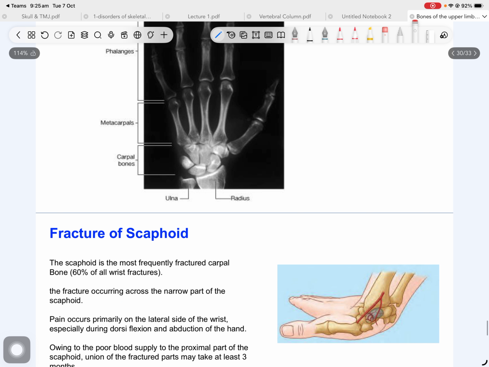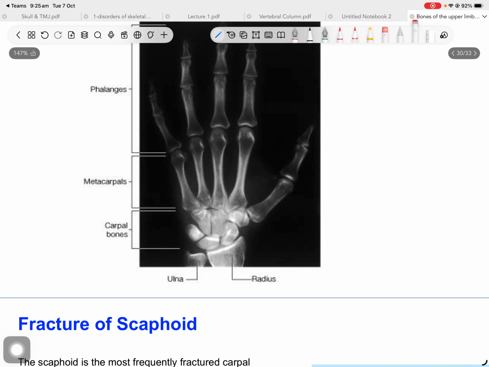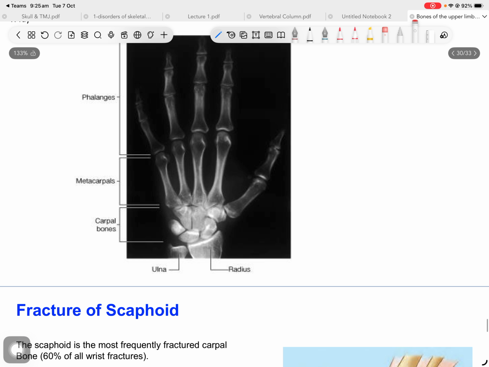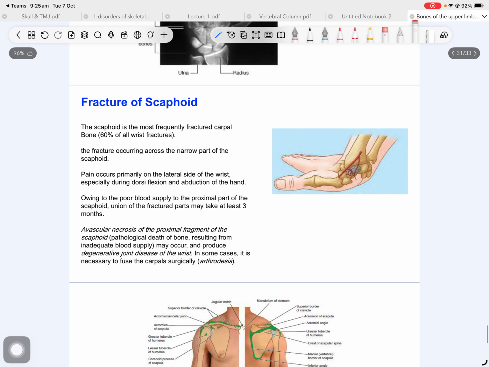Here in the X-ray, let's look at these carpal bones. Here this black area is for what? The disc. Yes, which excludes the ulna out of the wrist joint. Here I find the metacarpals in this area and finally here the phalanges. This is the radius, which we said is distally wider compared to the ulna, which is narrow distally.